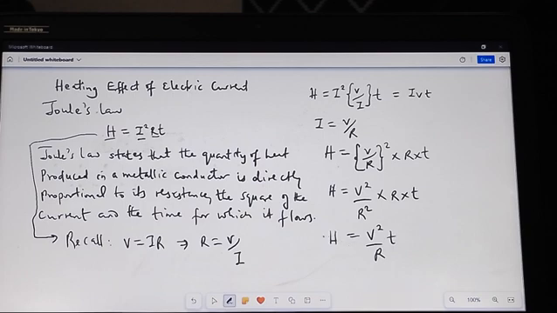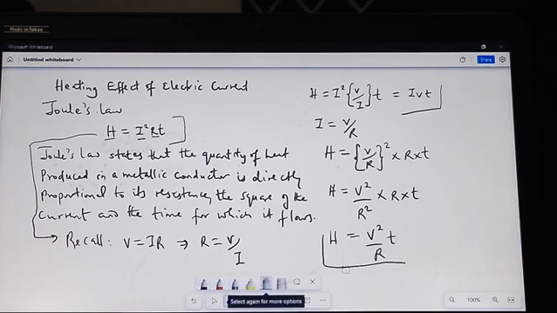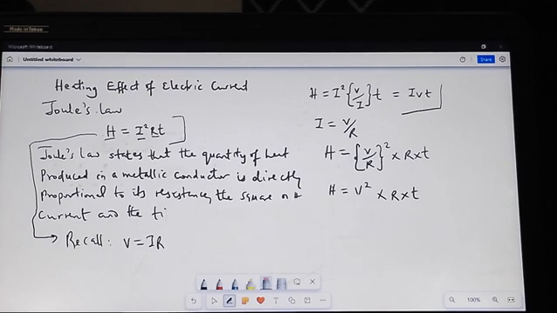So anyway, we can express H like this. We can express H as equal to IVT, and we can express H as this. So whatever parameter you are given, you can use it to find the value of H, as the case may be. So I'm taking this off to pave way for another section.